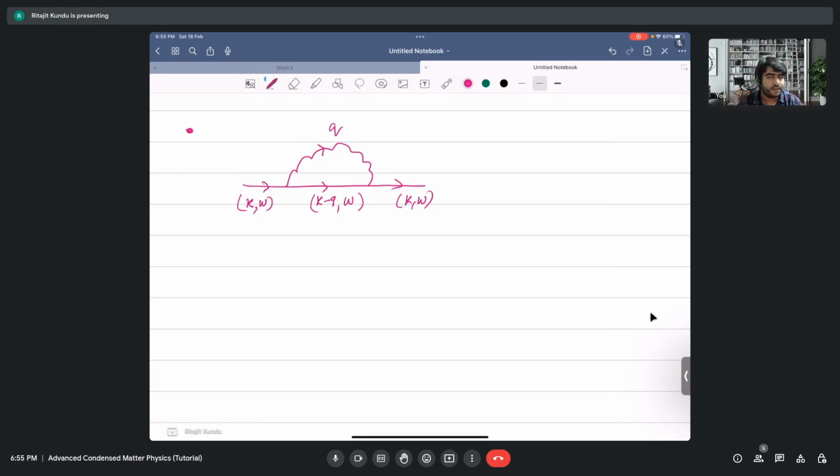That also conserves momentum, it doesn't matter. And this diagram is also the unscreened exchange energy. Unscreened means this is just a normal Coulomb interaction. For 3D it goes as 1 by q squared. These are terminology we can talk about, but it is not important now.